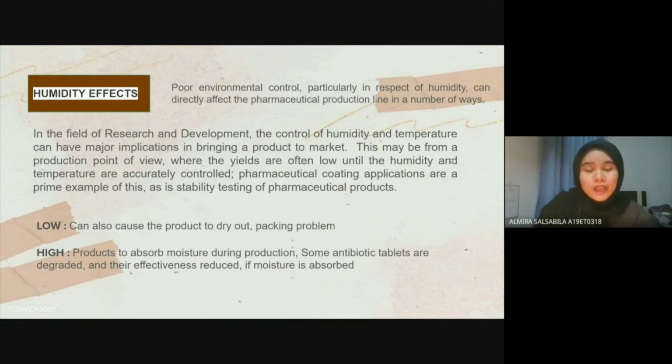As for the effect of humidity itself, when humidity gets very low, it can cause the product to dry out easily, and it will lead to packing problems. Whereas when the humidity is too high, the products can absorb moisture during production. For example, some antibiotic tablets are easily degraded, and it could decrease their effectiveness.